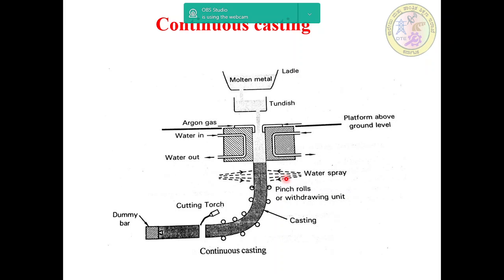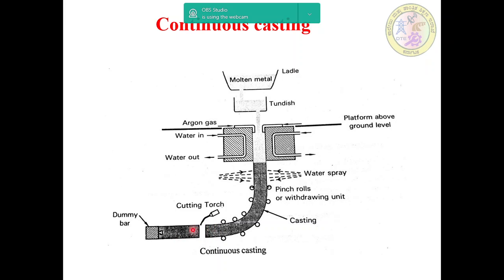to complete solidification. The solidified metal is continuously extracted along with the dummy bar by pinch rolls, bent and fed horizontally, and finally cut to the desired length using a cutting torch.